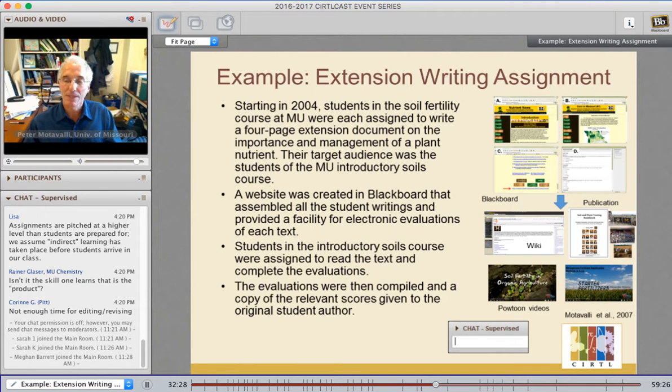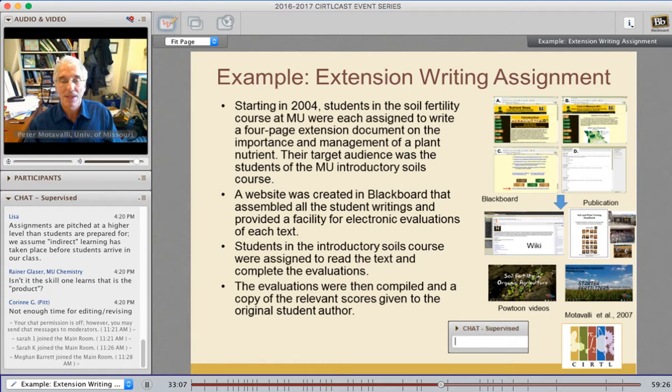And then they have also done hard copy publications, which have gone to various audiences, including the Missouri National Guard stationed in Afghanistan, who were tasked to do agricultural development. One of them, who I knew, asked me if we could get some materials for them, which they could use. So I had my class do this extension document, and we forwarded it on to them, and they gave us some feedback on its usefulness.